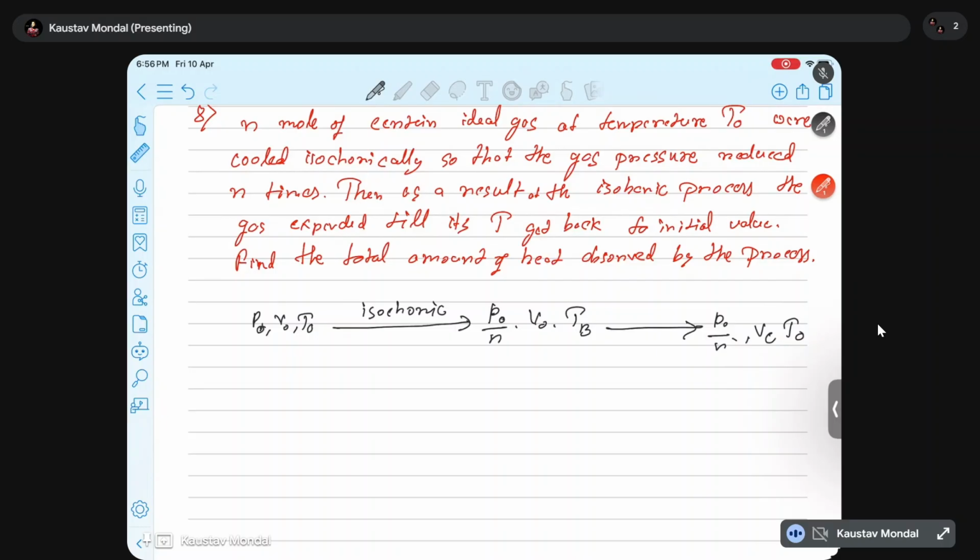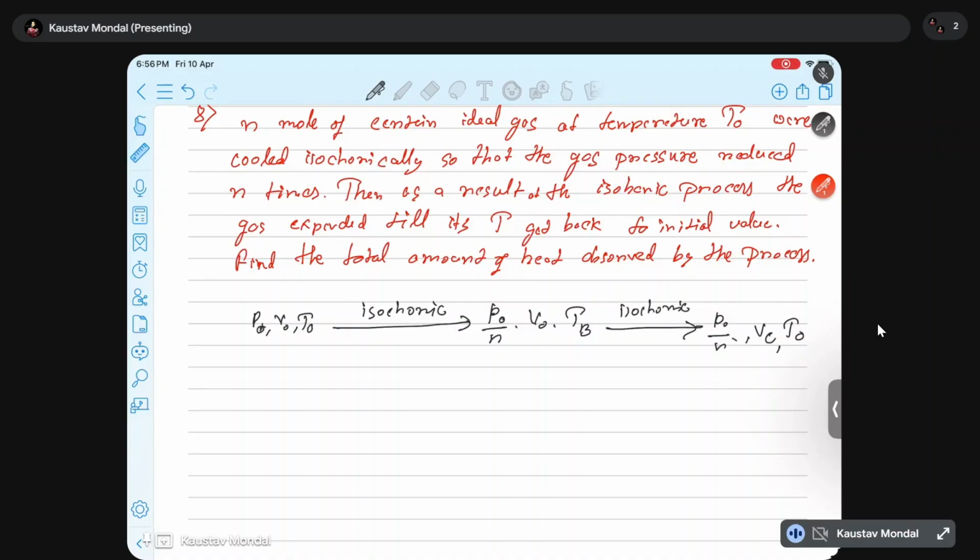In this case, we have to find the total heat that is absorbed during this whole process. For that, we first have to calculate the unknown temperature and unknown volume involved in this process.